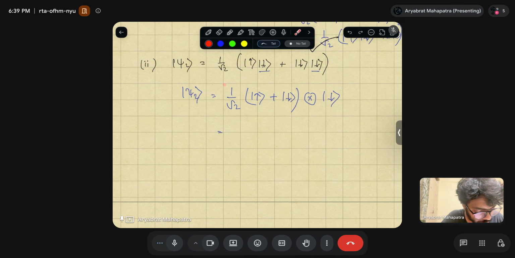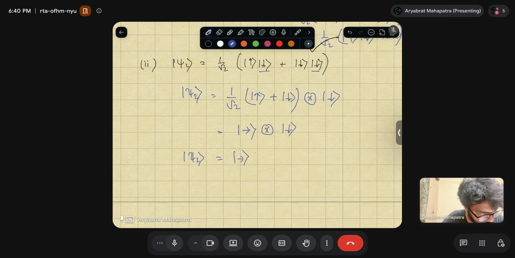If I take this entire thing as something, this is generally denoted as this right arrow, down arrow. So this psi 2 is basically this.